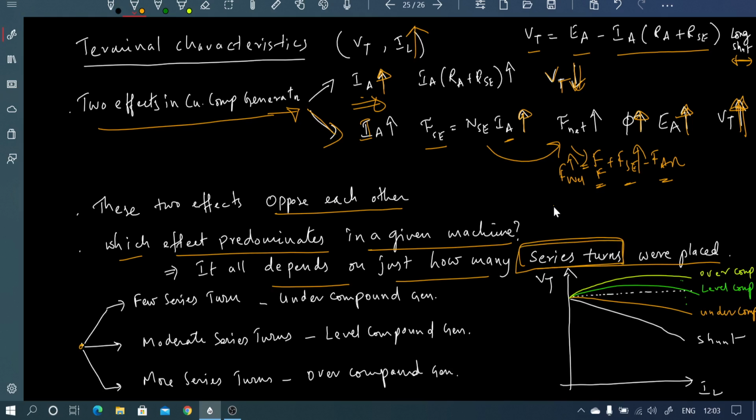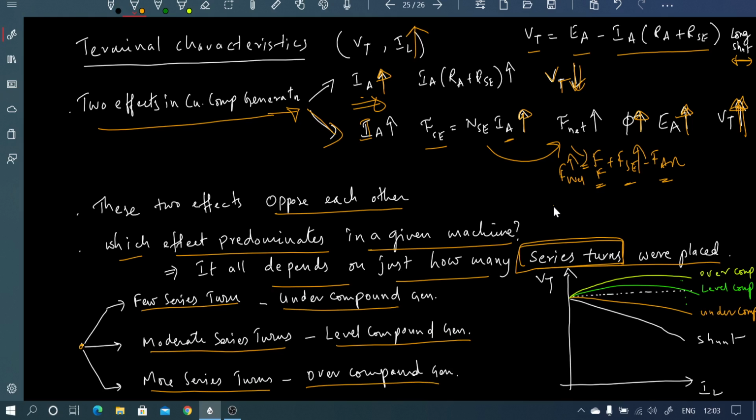I can use a series field with fewer turns, a moderate number of turns, or more series turns. With few turns, the compound generator is called an under compound generator. If it is moderate, it is a level compound generator. If it has more series turns, then it is an over compound generator.